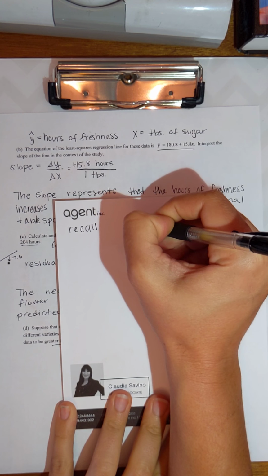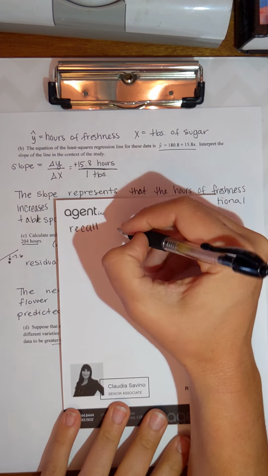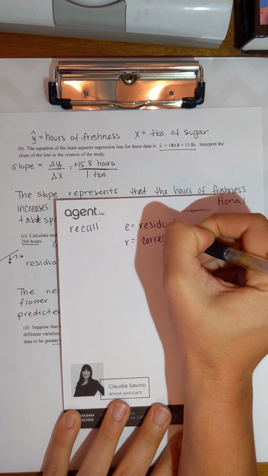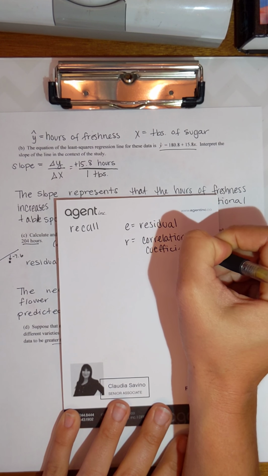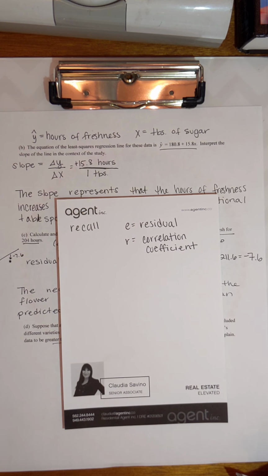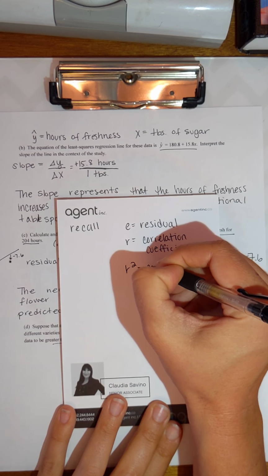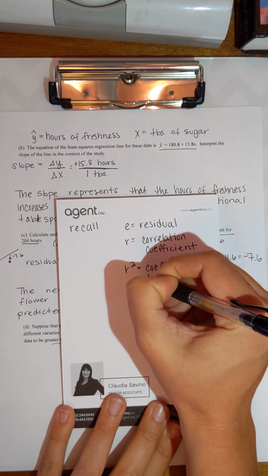E is residual, which is the difference between a data value and the expected value. R is your correlation coefficient, and that tells you how linear a data set is on a scatter plot. And then R squared is called your coefficient of determination.